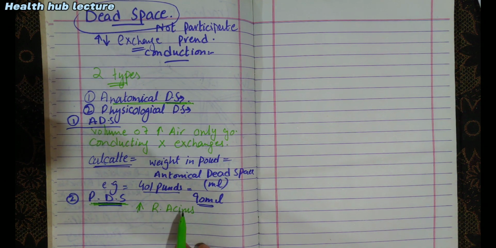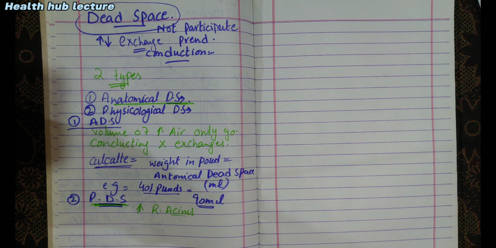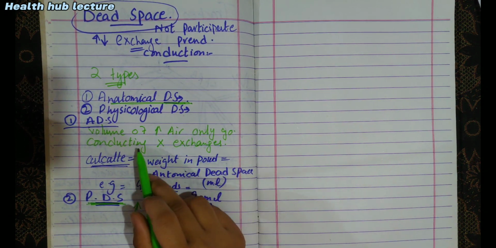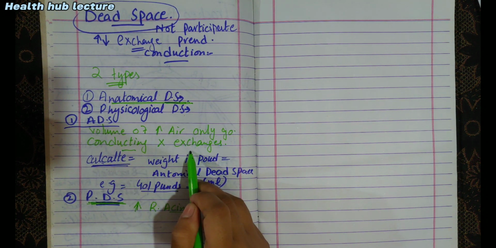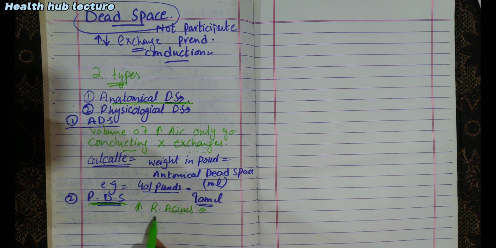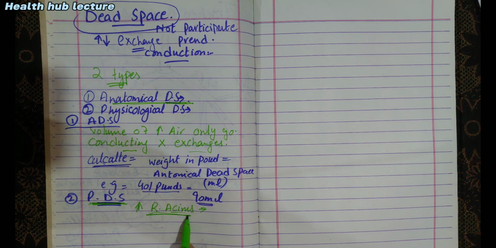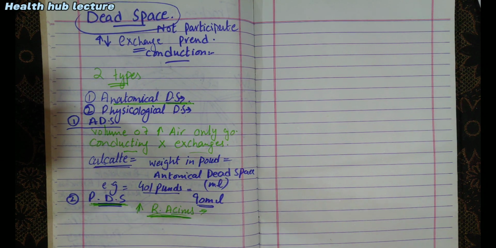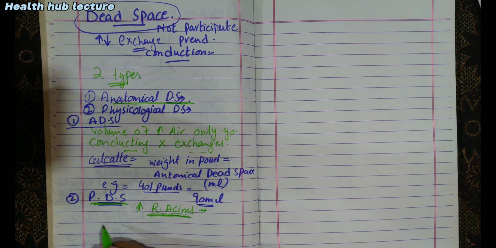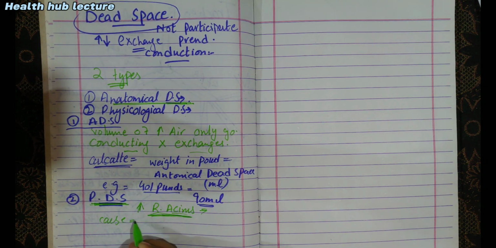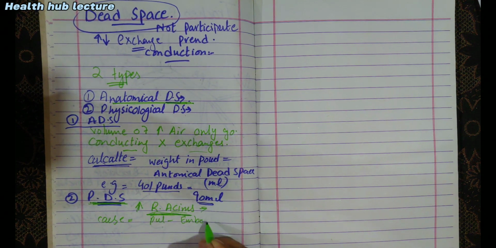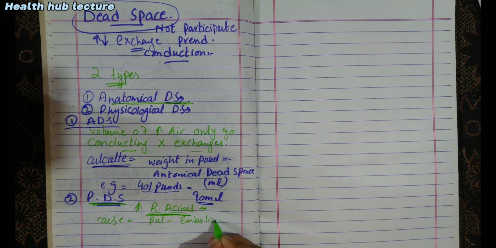In the physiological dead space, the volume of the air is present in the respiratory acinus and not participating in the gaseous exchange. The air goes to the alveoli but does not participate in gaseous exchange. This also causes pulmonary embolism. This one we can discuss in the pathology.